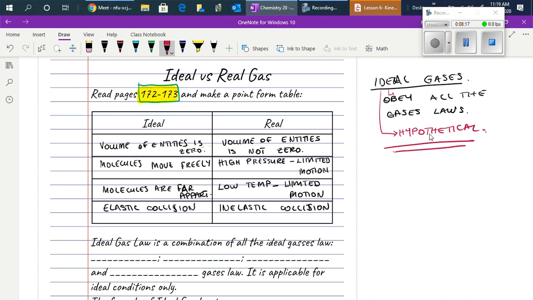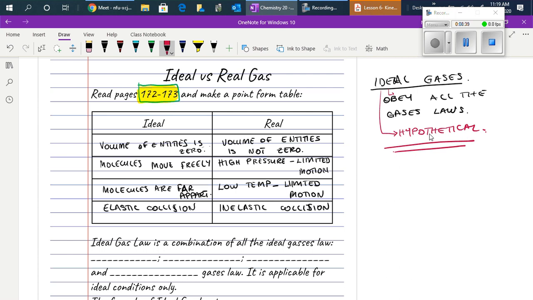Because we know that when we have a high volume, relatively low pressure and high temperature, the molecules of the gas, of course, have a volume that is considered close to 0.